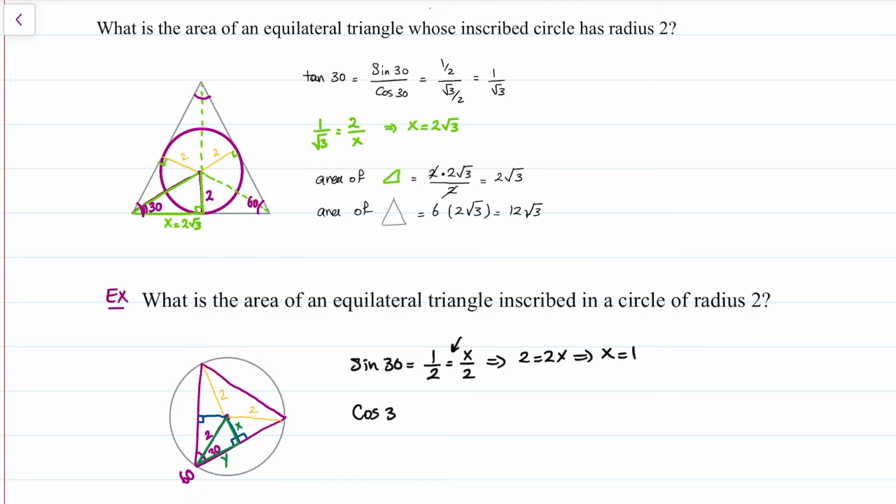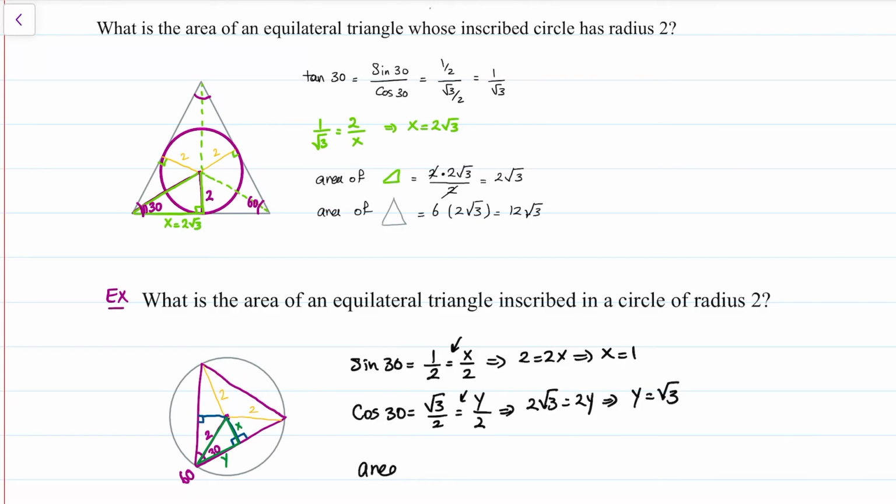Now I'm going to use cosine of 30, which is √3/2, and the cosine is y, this leg, over the hypotenuse, which is 2. I'm working on the smaller green triangle, and I do the cross multiplication one more time. 2√3 is equal to 2y. Now I simplify the 2's, and so y is equal to √3.